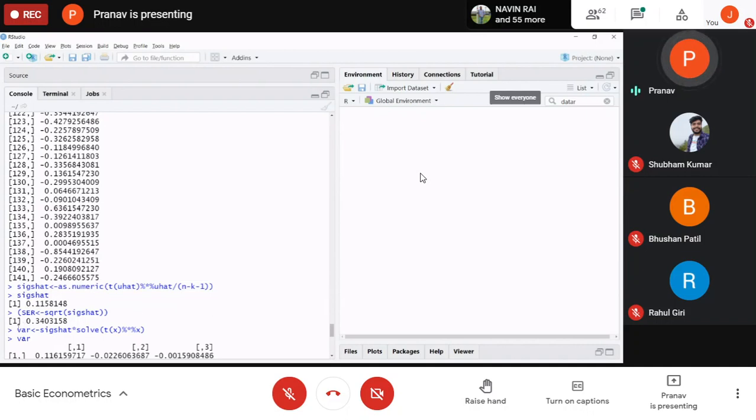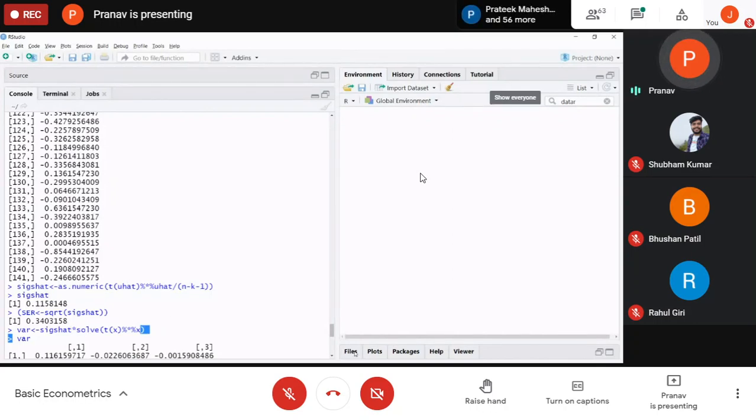Now, if you see here, we have talked about the variances of the OLS estimator. So the variance of the OLS estimator is nothing but sigma square, which is this sigma square hat, multiplied by X transpose X inverse. Again, the same thing, sigma square hat, this is the variable that I've assigned to this formula, multiplied by X transpose X inverse.